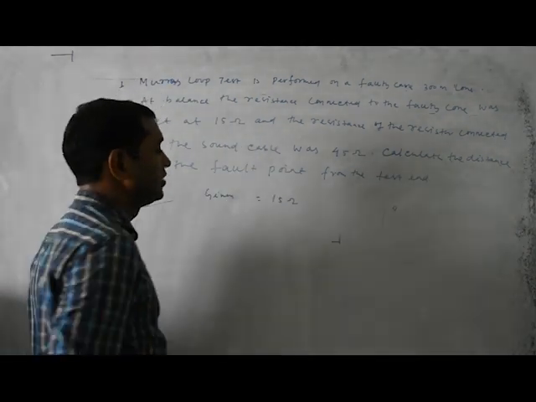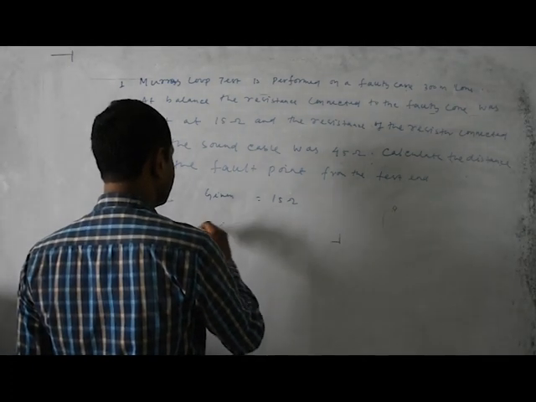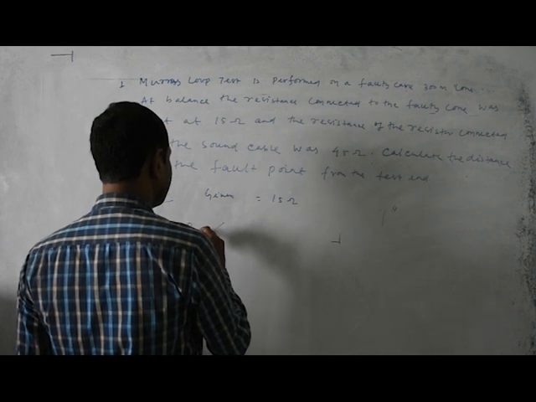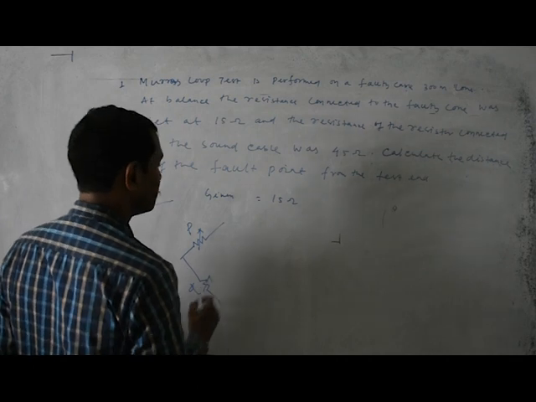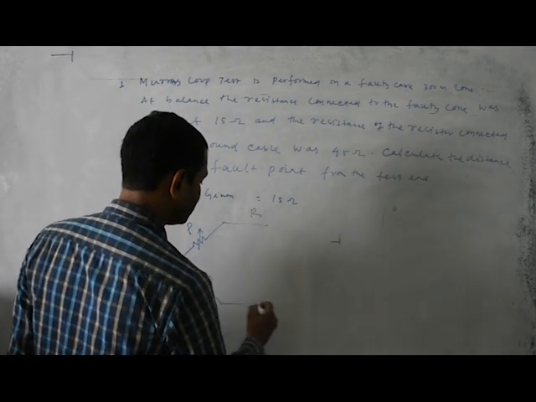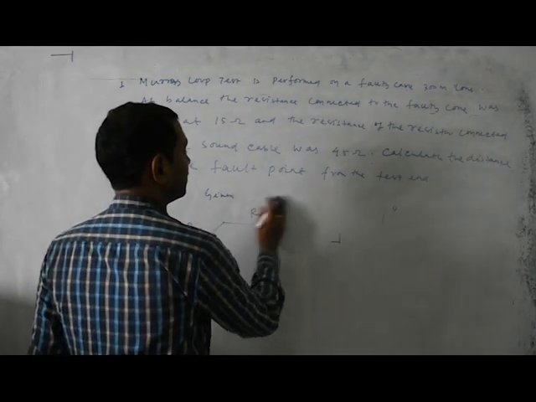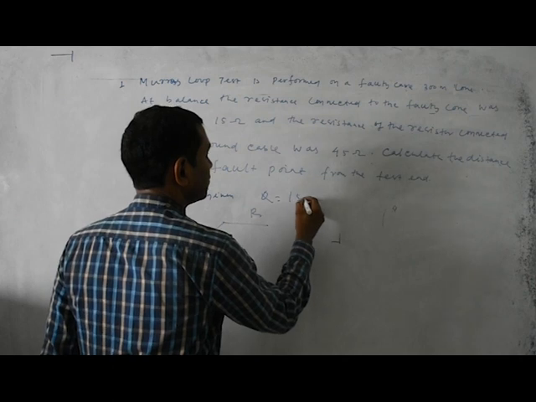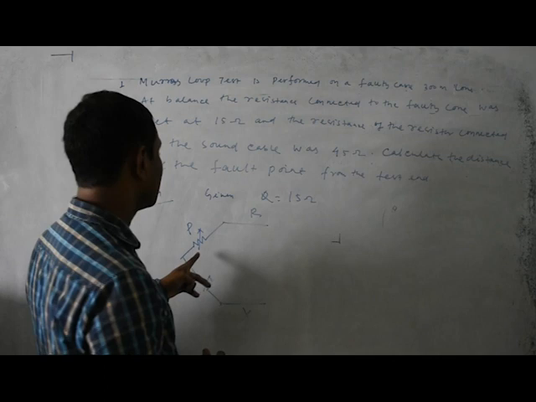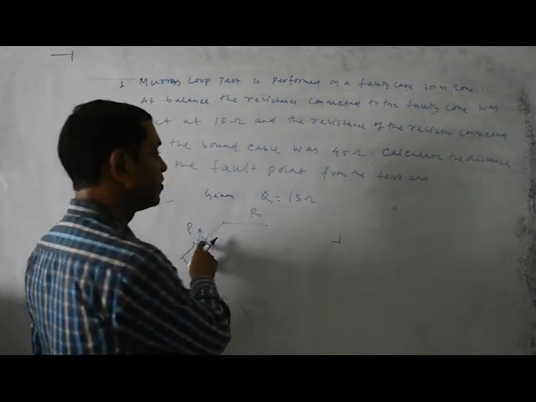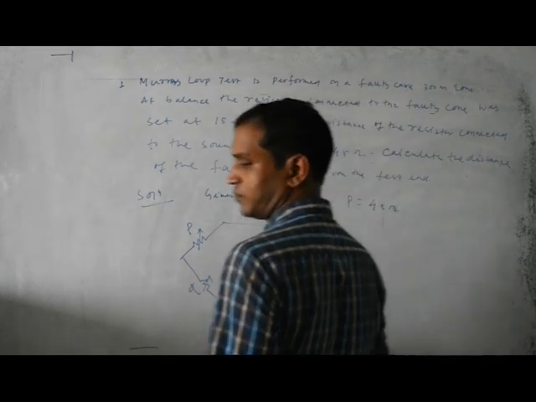This is P and this is Q, this is the sound cable, this is the fault cable. X is connected to Q, so Q equals 15 ohm. The sound cable was 45 ohm, connected to P, hence P equals 45 ohm.